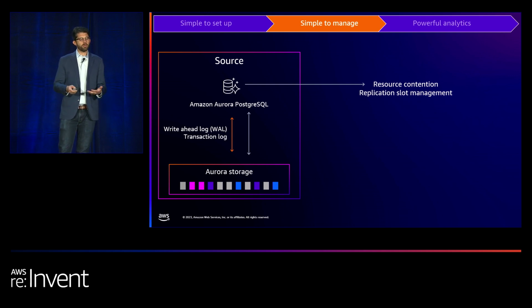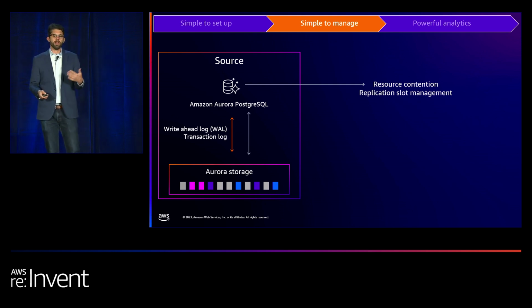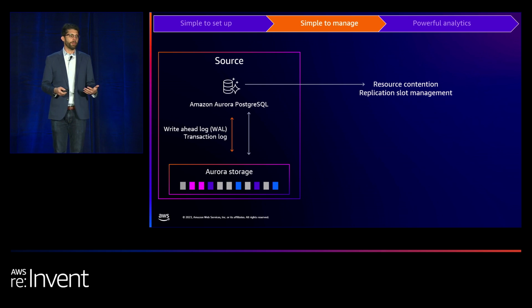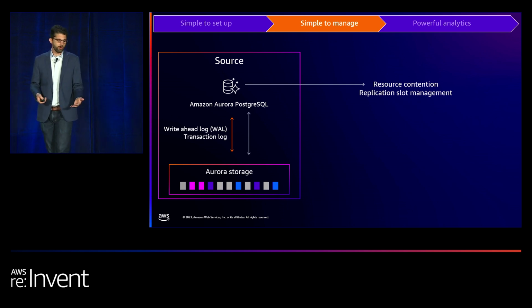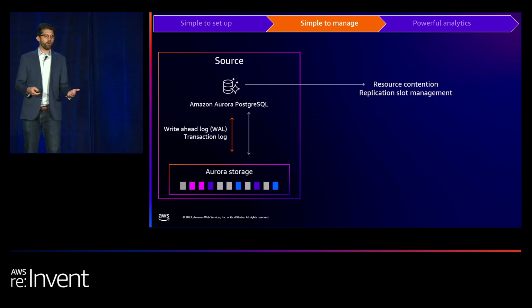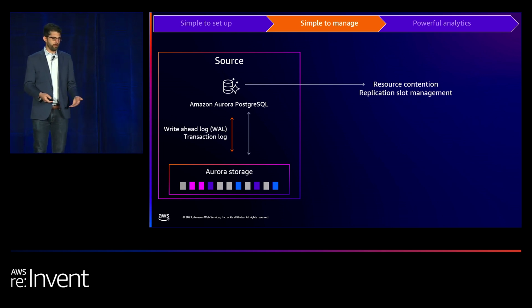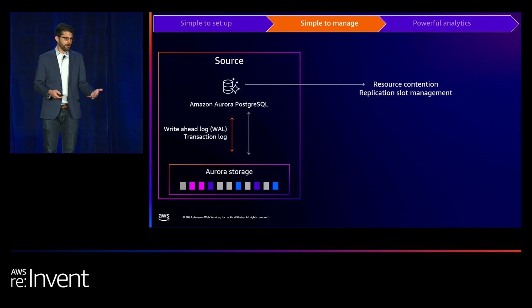With any system that you're building yourself, you're going to have to go through the compute cluster to get your data in and to get your data out. And so we thought, well, why can't we get the data directly out of Aurora storage? Why do we need to go through the compute cluster when it's time to do any of this work?